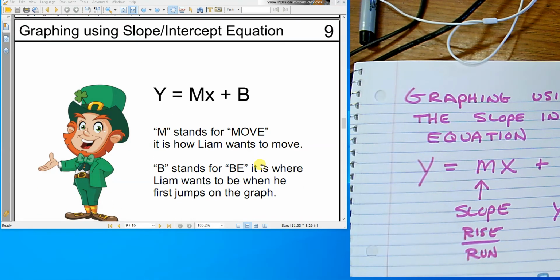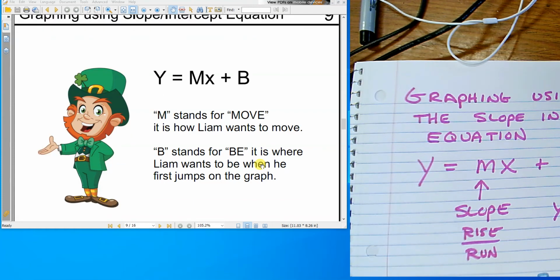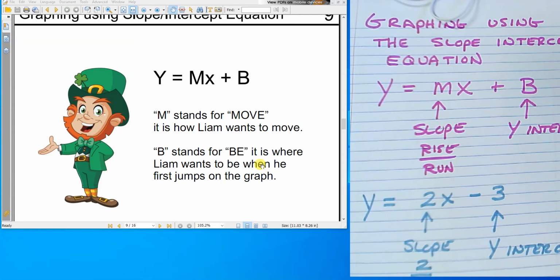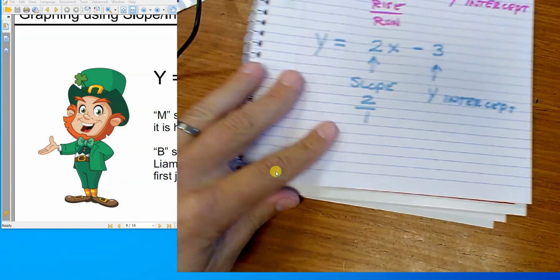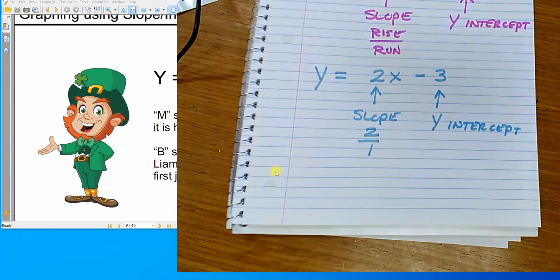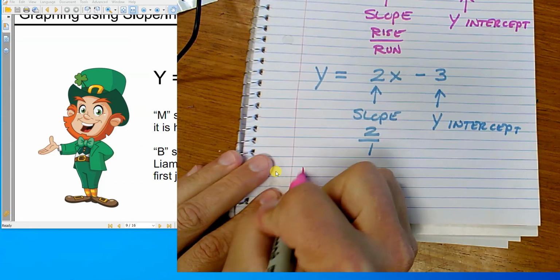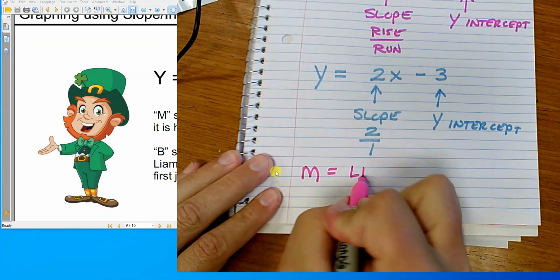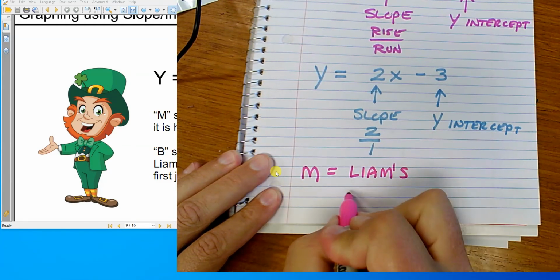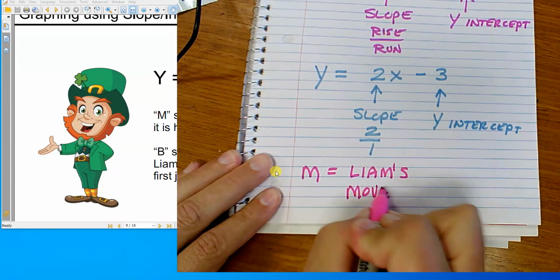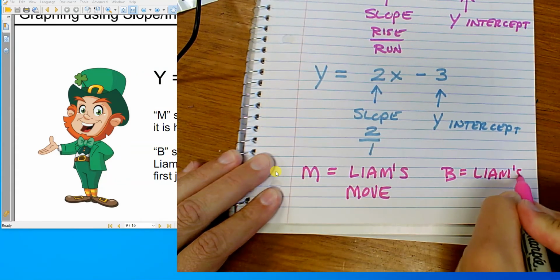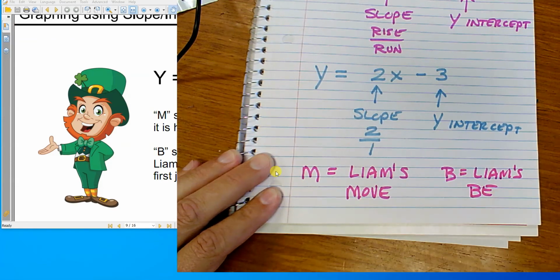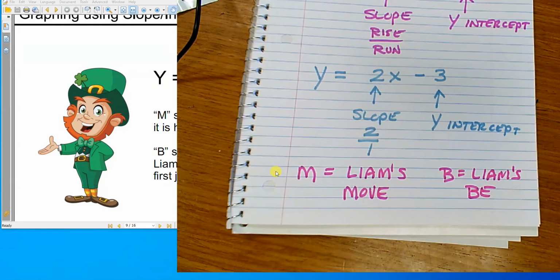So the M stands for Liam's move, and the B stands for his B. And what I mean by that is it's where Liam wants to be when he first jumps onto the graph.